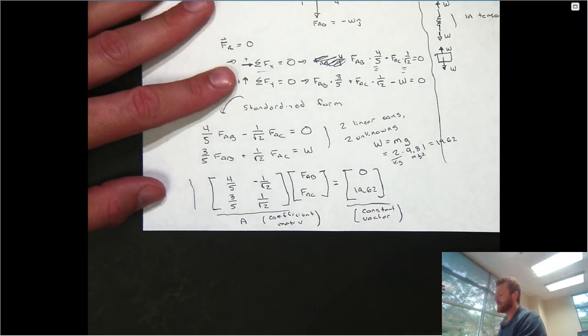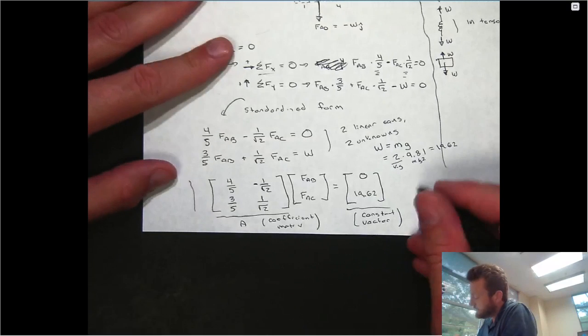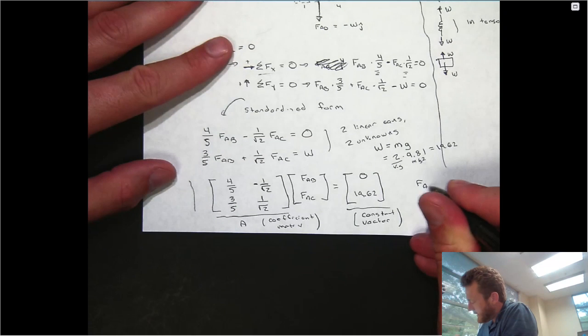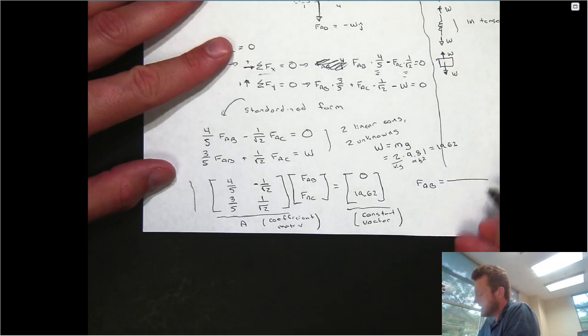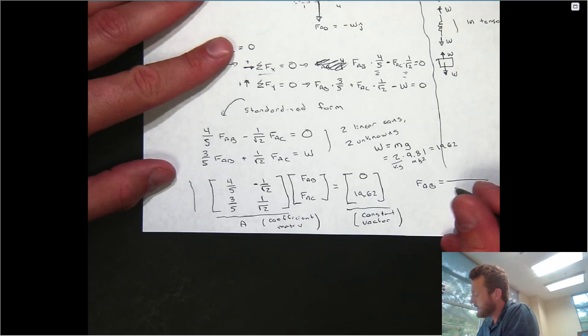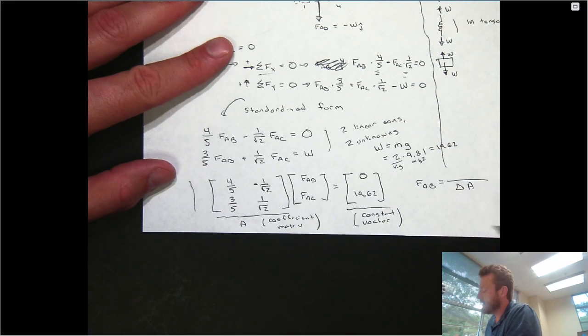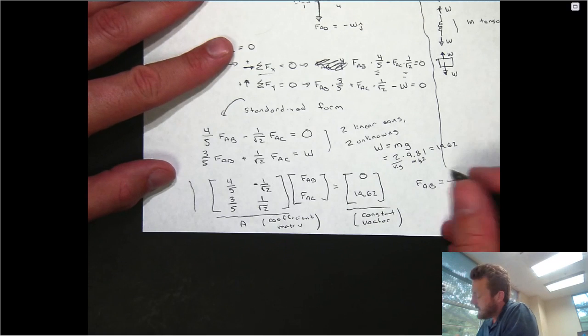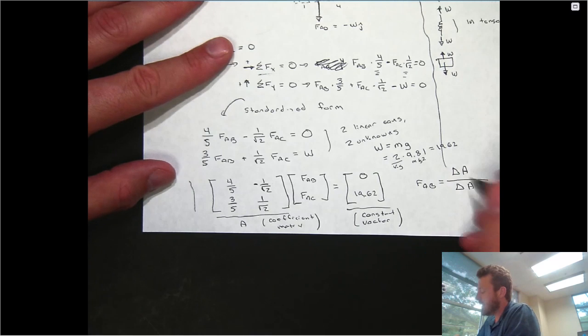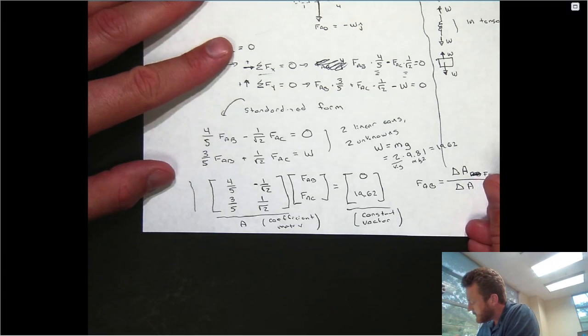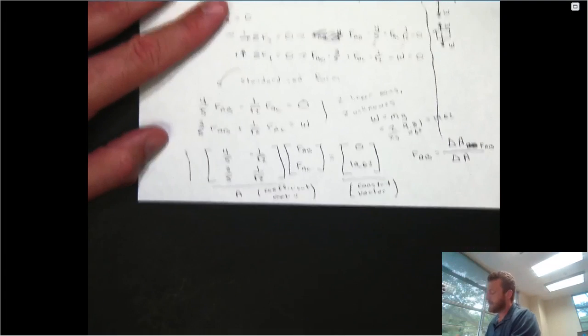And we're going to be able to solve for FAB by taking the ratio of two determinants. The denominator of this formula will just be the determinant of the coefficient matrix, and the numerator will be the determinant of an augmented matrix where I've manipulated that matrix in order to solve for, I'll write FAB. So you'll see what that means here in a minute.